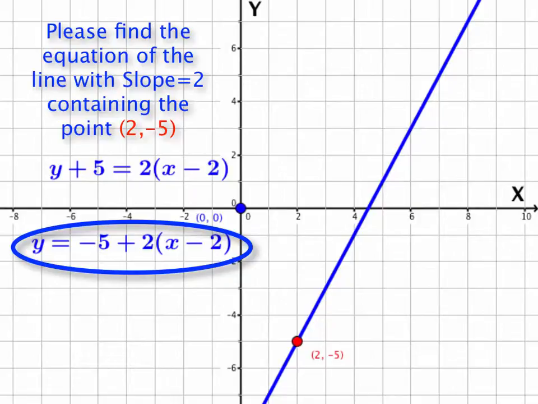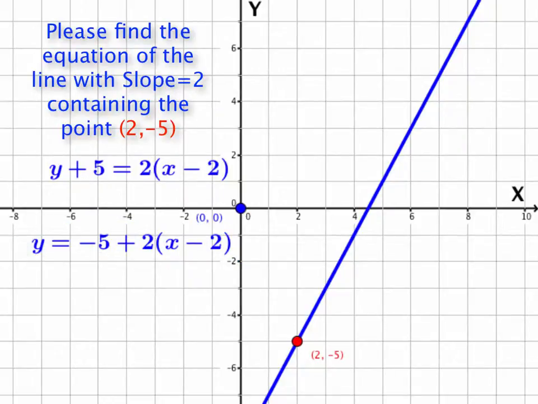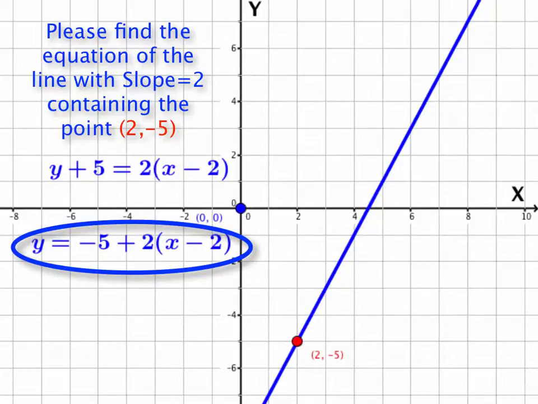But of course, negative 5 is not our y-intercept in this case. But you can think of this as saying, well, y starts at negative 5 when x is 2, and then grows at a rate of 2 every time our x value increases by 1. So very similar to the slope-intercept form of a linear equation, just a little bit different.